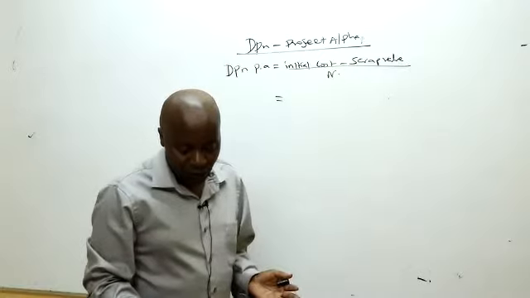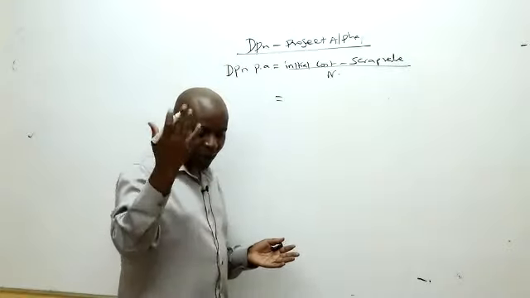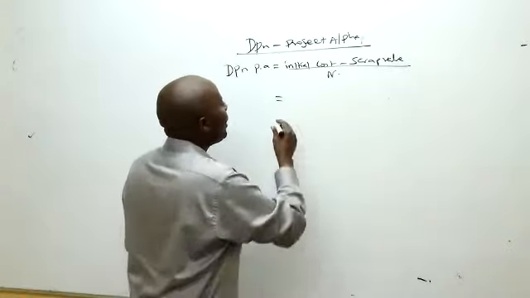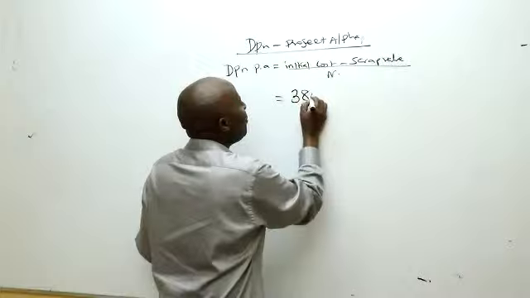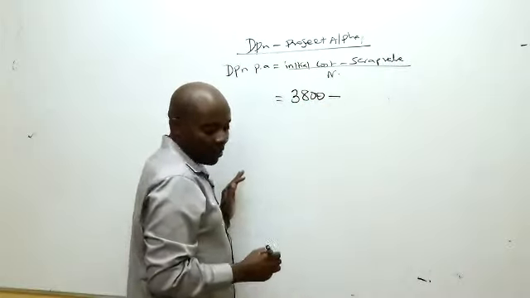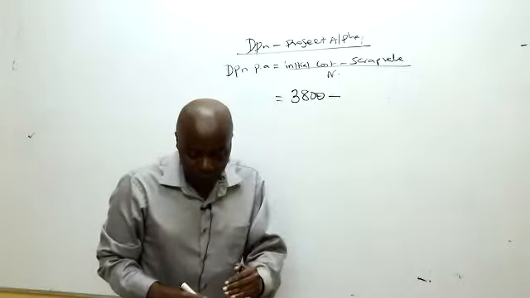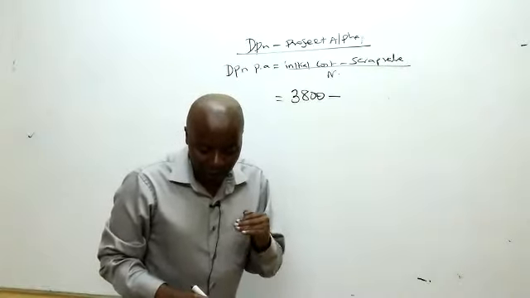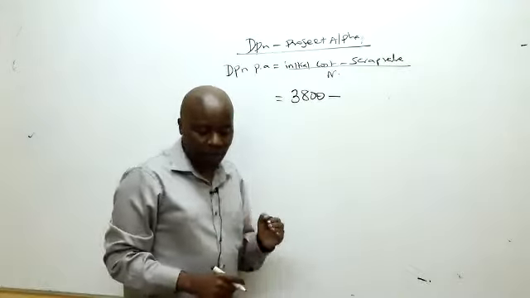So let's use shillings thousands just to be consistent with what is given up there. So in terms of shillings thousands, this will be 3,800 minus the scrap value as per note number 3. Both projects have a zero salvage value.